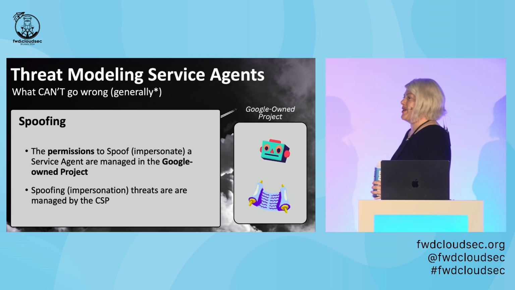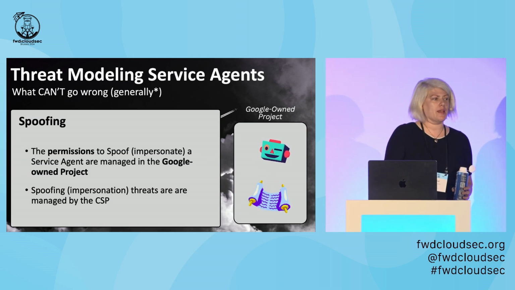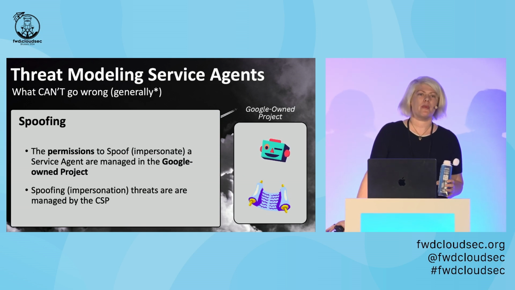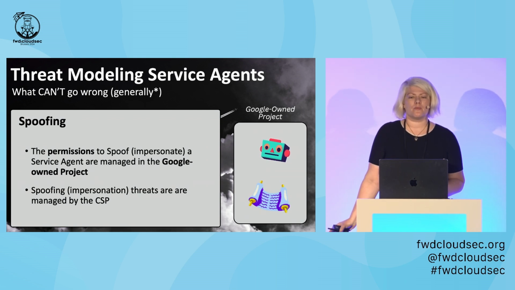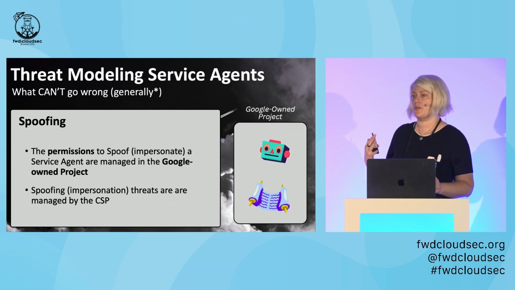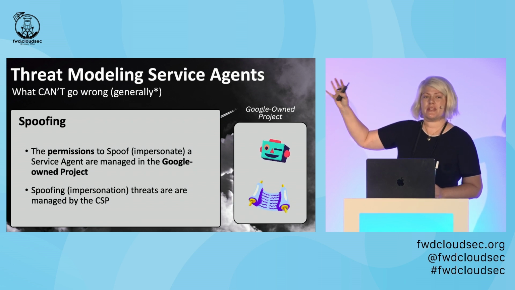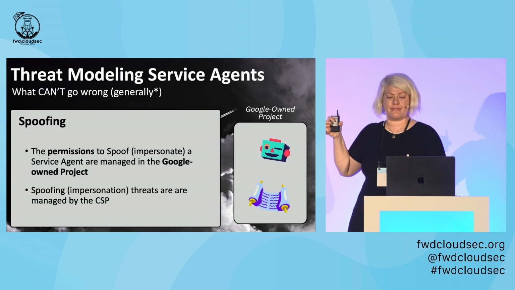So what not to freak out about? I think when people from the AWS world first learn about impersonation, that's the first thing people kind of freak out about when they hear about service accounts. And that falls under the realm of spoofing threats. And typically, we don't consider spoofing threats when we think about service agents, because service agents are resources living in Google managed projects.